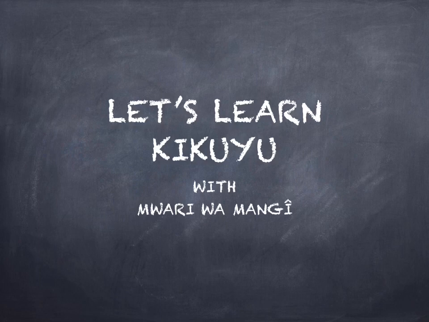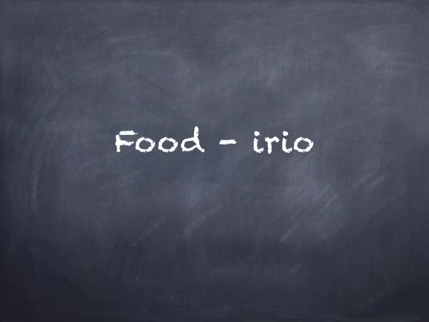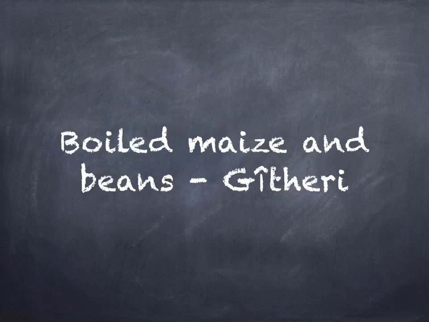I hope you're practicing. In today's lesson, we are going to focus on food. Food in Kikuyu is known as irio. The typical Kikuyu food is known as githeri, which basically means boiled maize and beans.